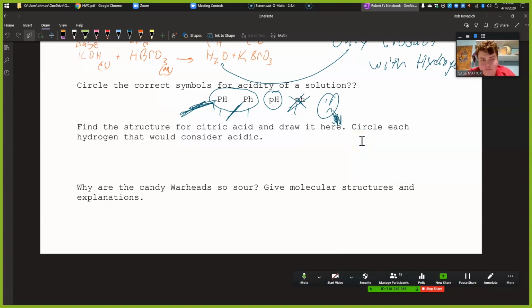Okay, find the acidic hydrogen in citric acid. So we've got 1, 2, 3, 4, 5 carbons in a row.